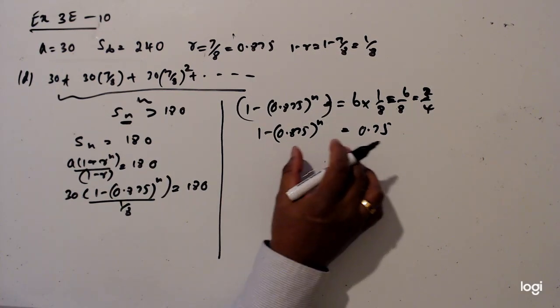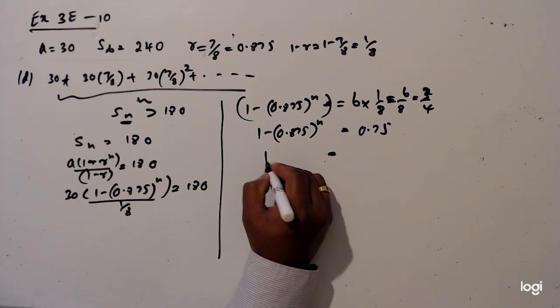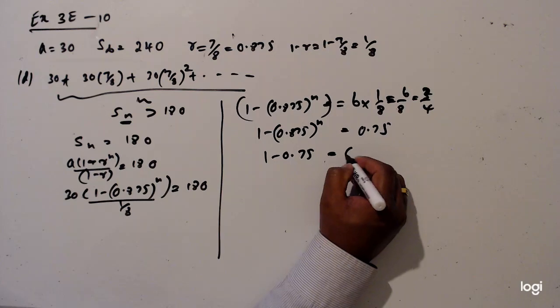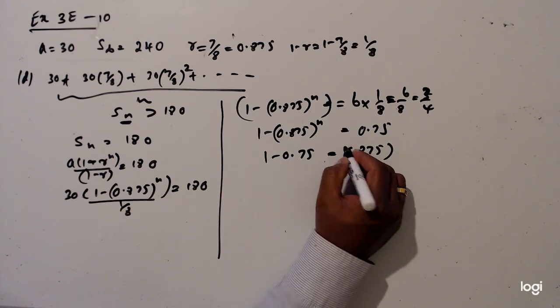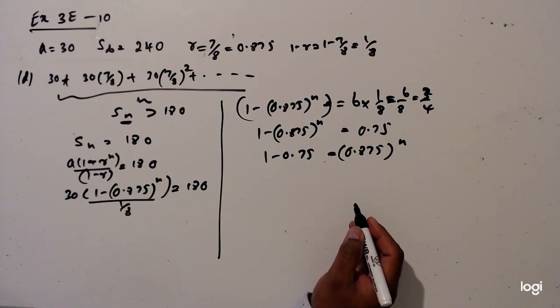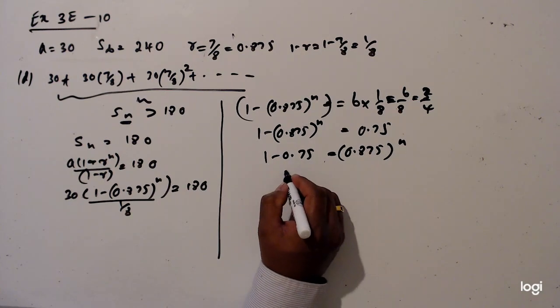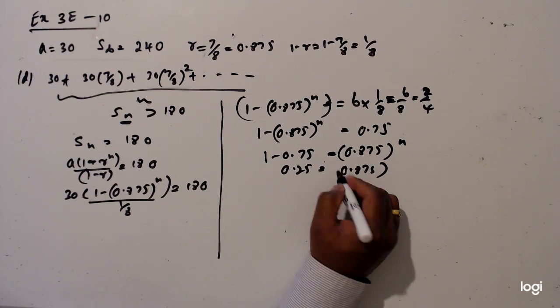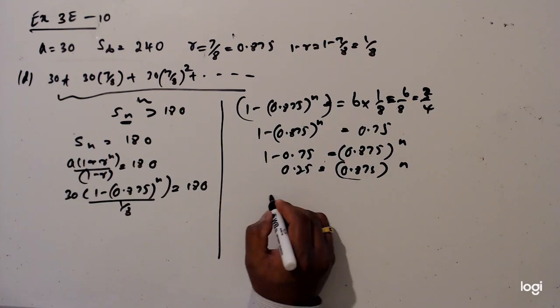So I'll bring this over, and 1 minus 0.75 equals 0.875 to the power n. So 0.25 equals 0.875 to the power n.